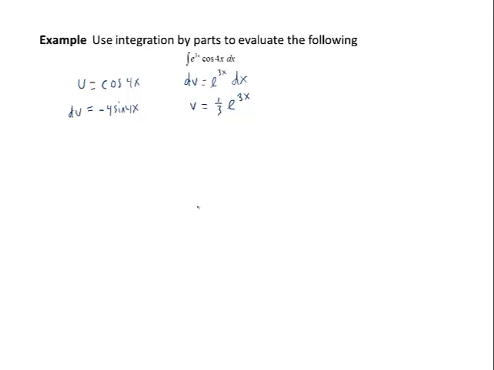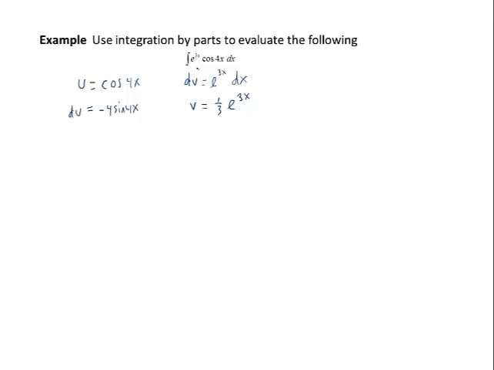Now you may be asking yourself, when we look at this integral, e to the 3x cosine 4x dx, how do you know which one of these pieces of the integrand to let equal u? How do we know to let u equal cosine 4x as opposed to letting u equal e to the 3x?